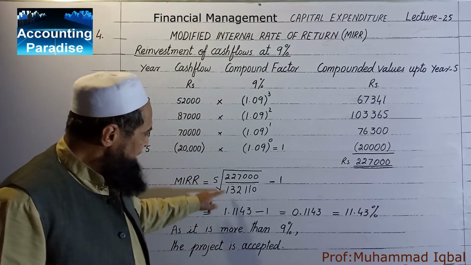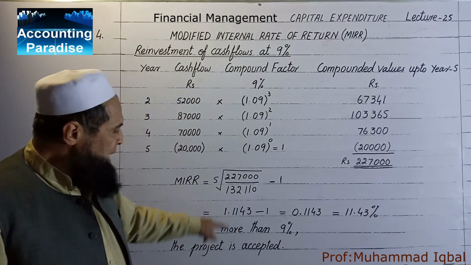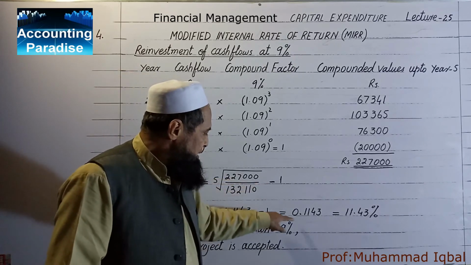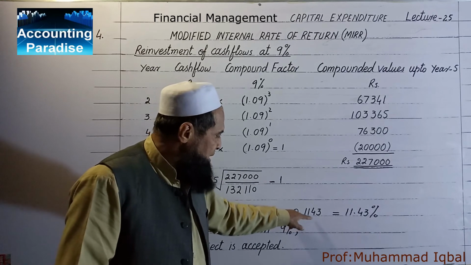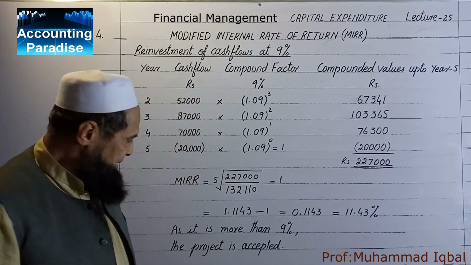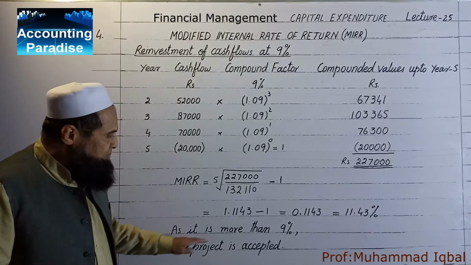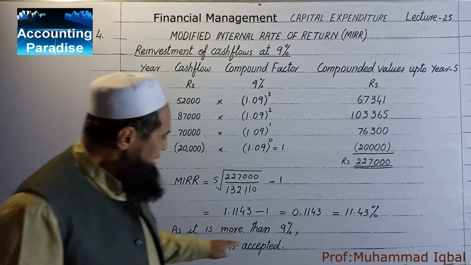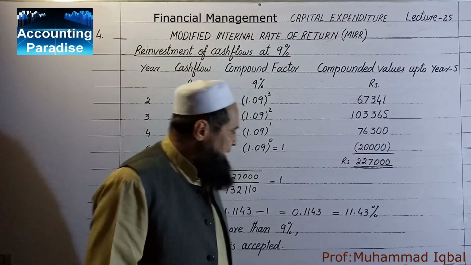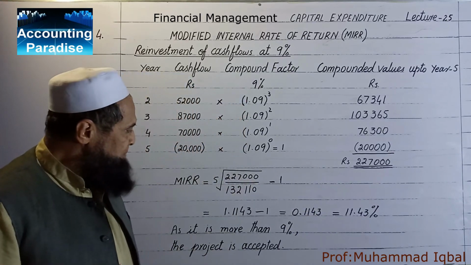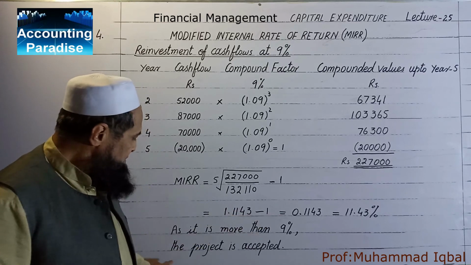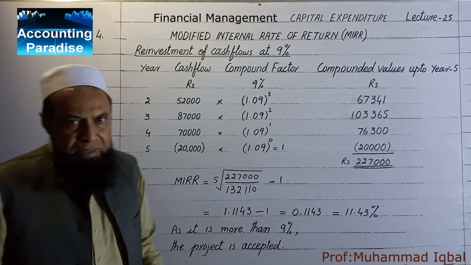That is equal to, when we calculated this, 1.1143 minus 1, which is equal to 0.1143, that is equal to 11.43%. As it is more than 9%, the MIRR is 11.43%. It is more than 9%. The project is accepted.